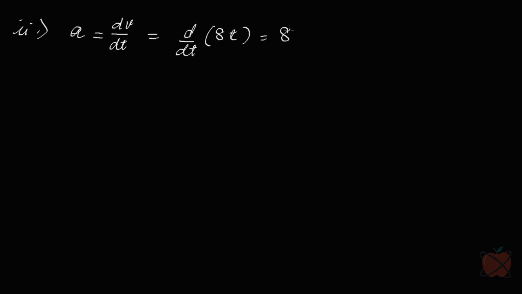Such an acceleration which is independent of time is a uniform acceleration. So here you can see that the acceleration is uniform, 8 meter per second square. Got it? And why is it uniform? Because it is independent of time.